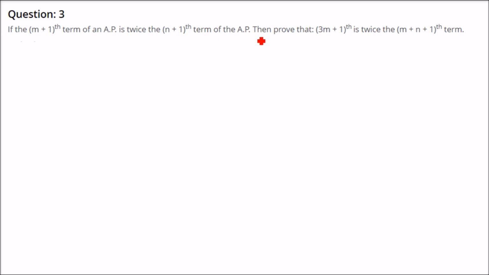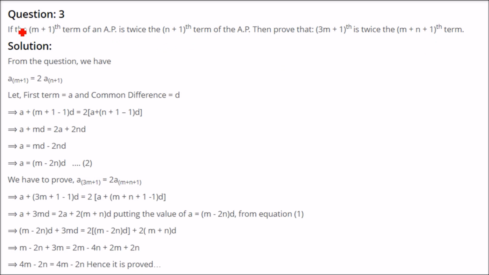If the (m plus 1)th term of an AP is twice the (n plus 1)th term of an AP, prove that the (3m plus 1)th term is twice that of the (m plus n plus 1)th term. First of all, we are given that the (m plus 1)th term is twice the (n plus 1)th term. So a(m plus 1) is given as twice a(n plus 1). What is this a(m plus 1)? As I told you, a plus (n minus 1) into d is the normal formula, so we will subtract 1, and this will be a plus md.